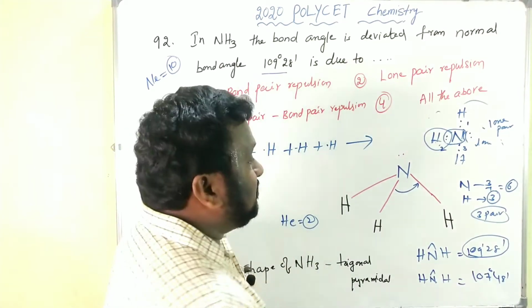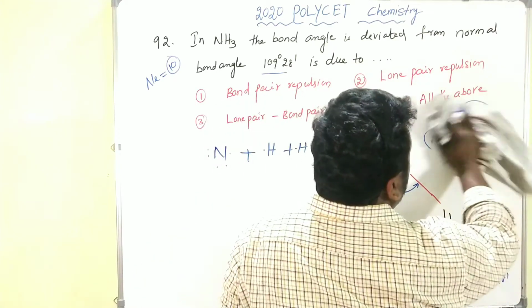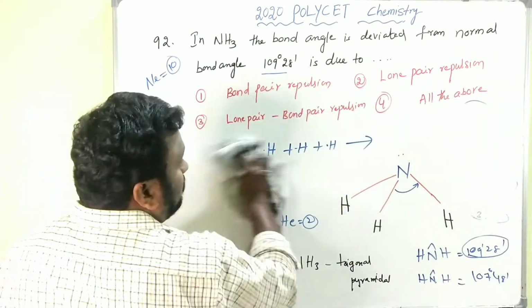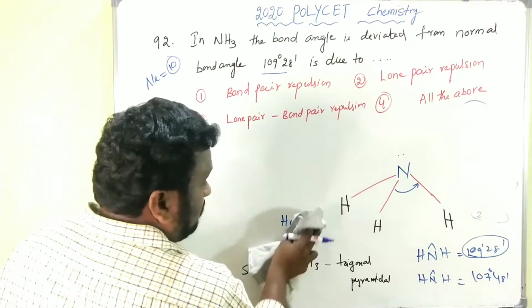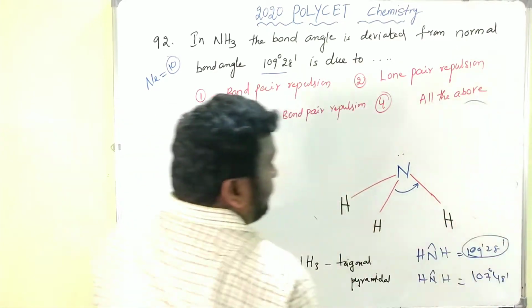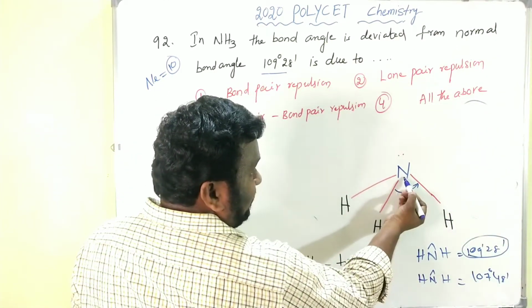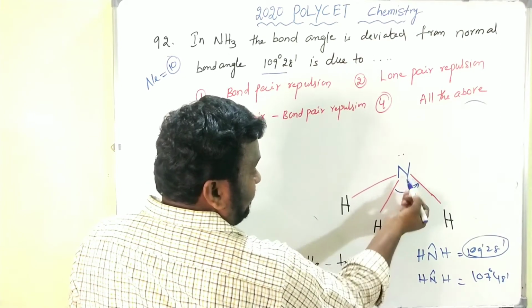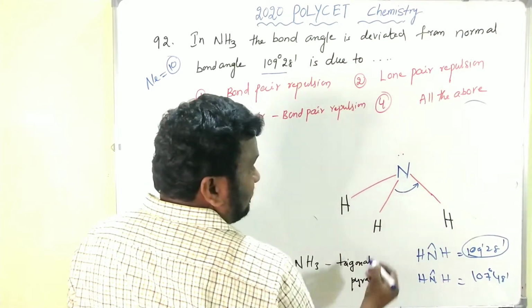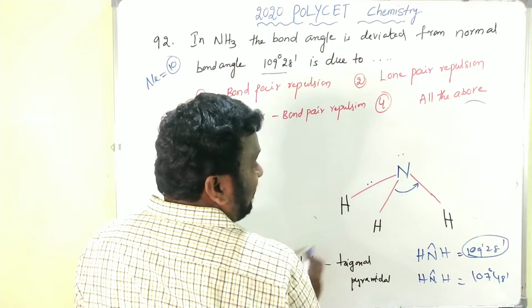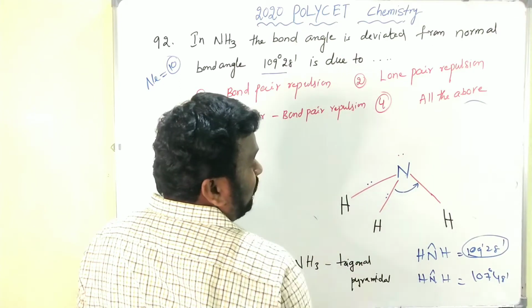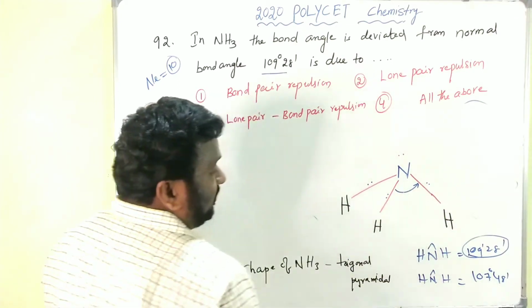So to understand that, I am showing one more diagram. Look here now. This is the nitrogen and this is the hydrogen. Here I am showing this is one bond, this is another bond, and this is another bond pair.